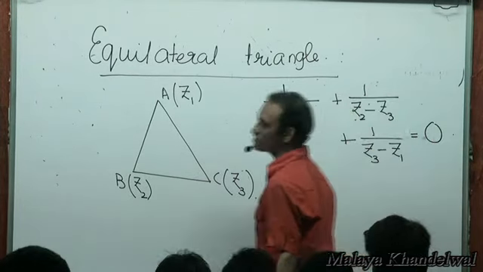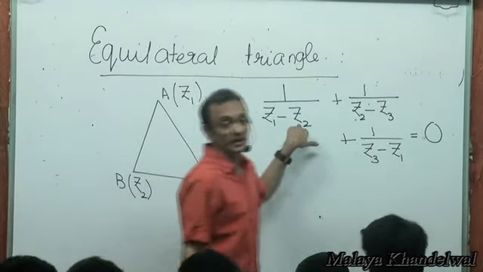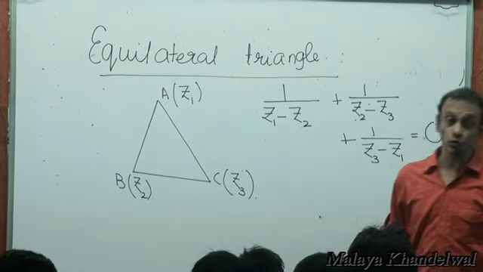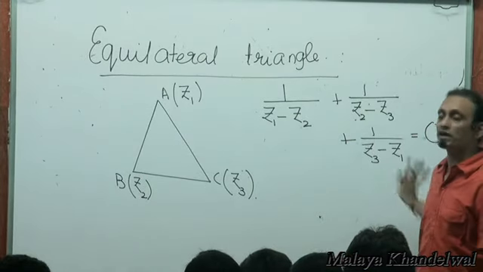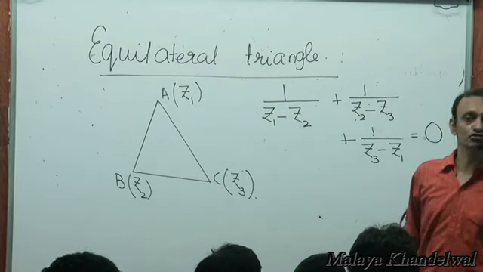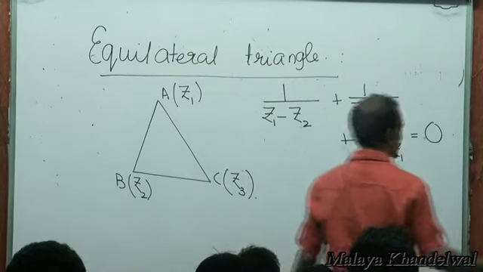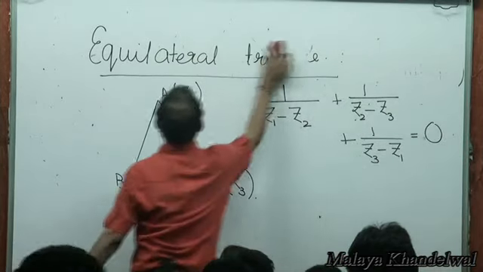If z1, z2, z3 are the vertices of an equilateral triangle, then the summation of 1 by z1 minus z2 must be 0. Let's establish this result. It's a regular result. Let's take a plunge into this result. Okay, how to prove this result? I'll just create some room here.